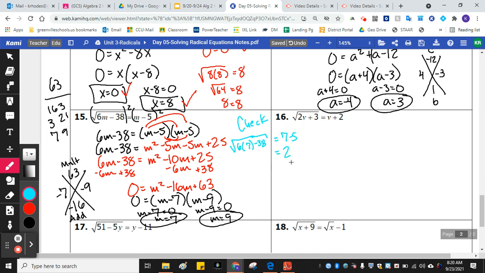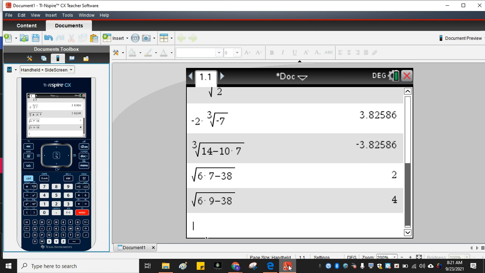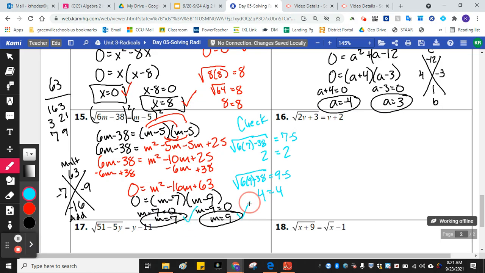So does this side equal 2? 6 times 9 minus 38, 9 minus 5. Does this equal 4? After you're plugging them into the calculator, they do equal each other. That one equals 2, that one equals 4. So both of these answers work out.